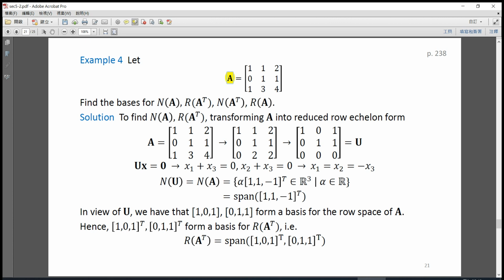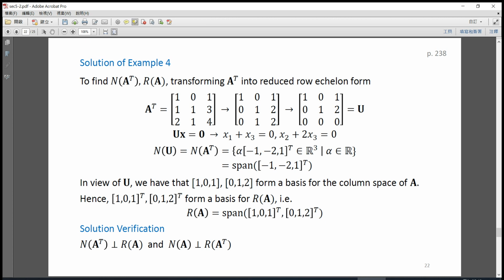If you are not familiar with how to do it, you can revisit section 3.6. After you find the 4 fundamental subspaces, you can perform a solution verification to check whether your solution is correct or not.